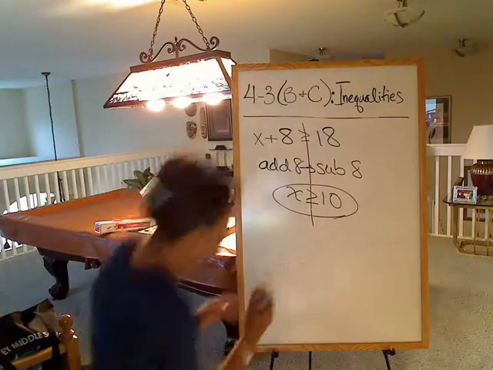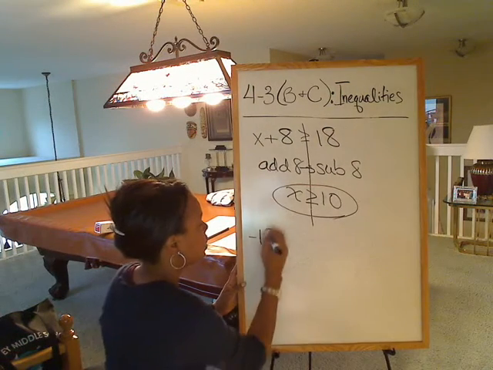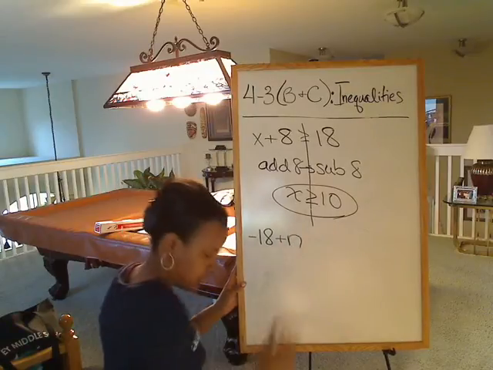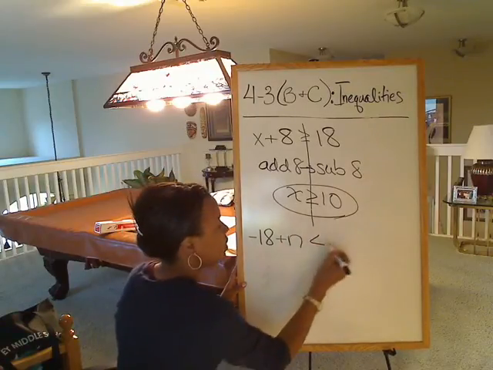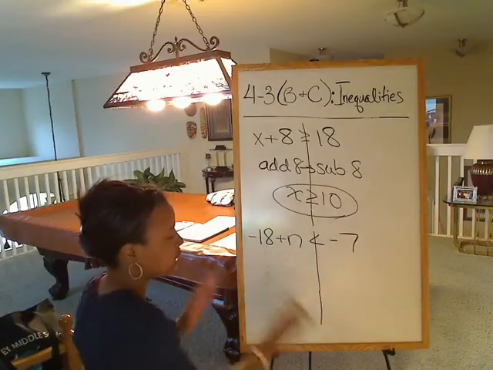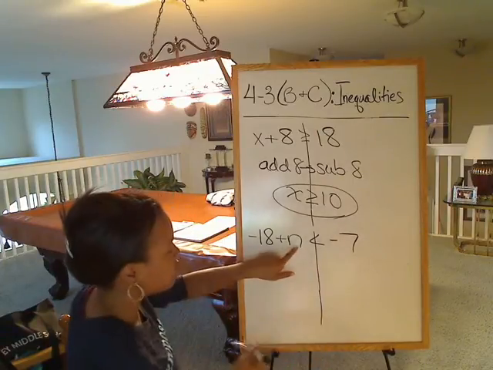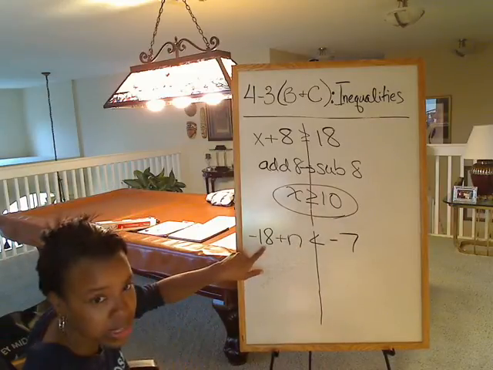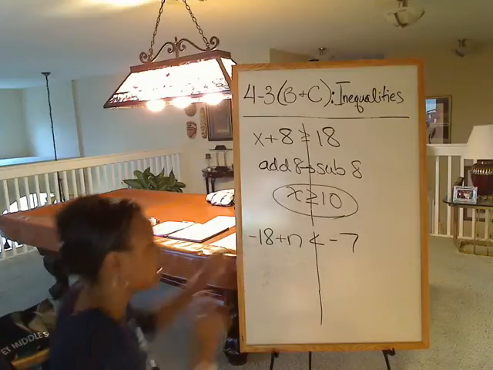Let's do negative 18 plus n is less than negative 7. So again, draw your line separating the inequality. Here's your variable. What did they do to it? They subtracted 18. They didn't add anything. They subtracted 18.